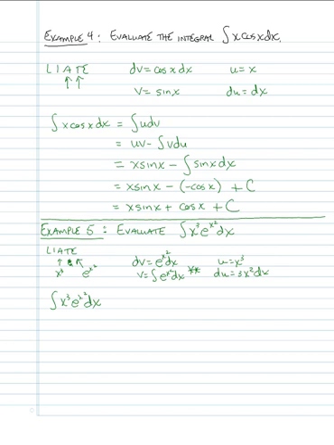And so what I'm thinking that I will do here is I'll rewrite this integral so that it's x squared times x e to the x squared power dx. Now, if I do that, then I'd make dv now x e to the x squared dx.